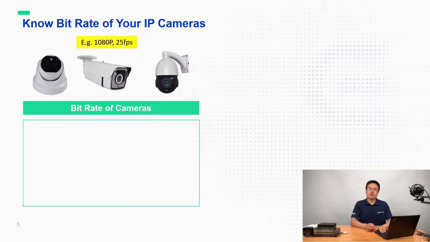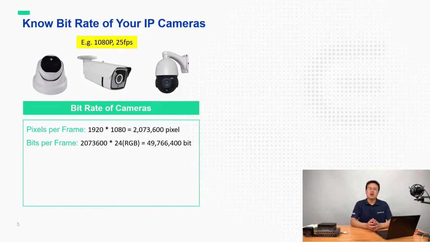For these videos, we can calculate the bitrate like this. The frame has, as we know from the last slide, 2 million pixels. For the frame, how many bits does it have? It has 49 million bits, and for the frame, it is around 6 megabytes.